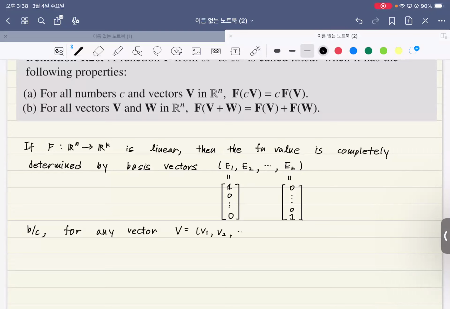Any typical n-dimensional vector can be written as a linear combination of these standard unit vectors.